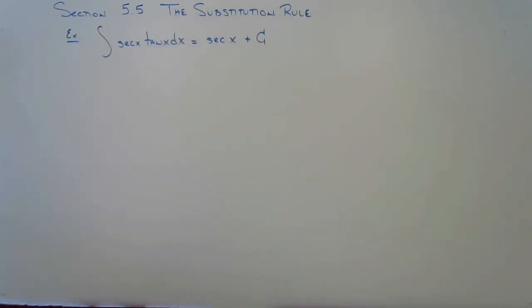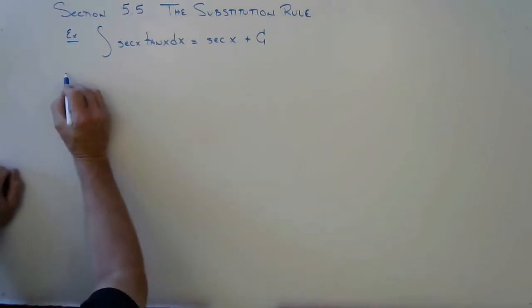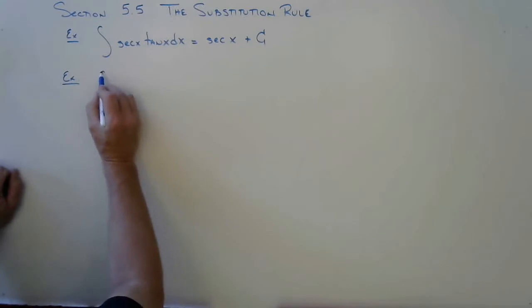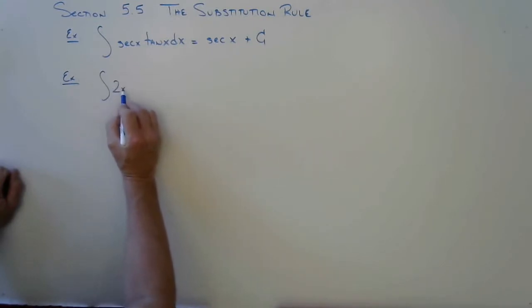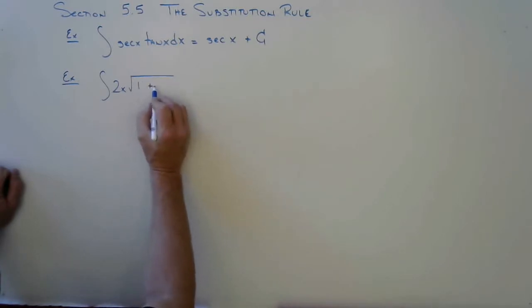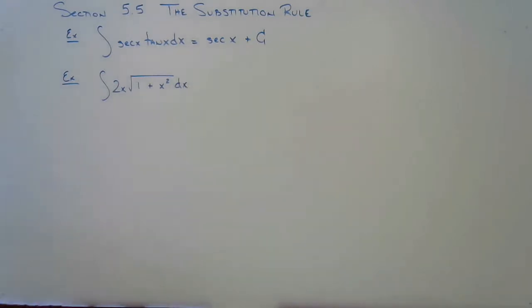However, what happens if that's not the case? What happens if they ask us to find the integral of something like 2x times the square root of 1 plus x squared dx?